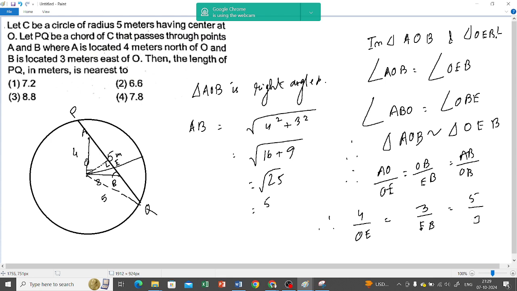Right? ঠিক আছে, কি বলো? এই তো এবি, এবি বার করলাম না, এই যে রাইট অ্যাঙ্গেল ট্রায়াঙ্গেল AOB, AB বার করলাম তো, ঠিক আছে। আচ্ছা, এবার আমি OE টা বার করতে পারবো এখান থেকে ইজিলি। 4/OE is equals to 5/3, so that is 4 into 3/5 is equals to OE, right?